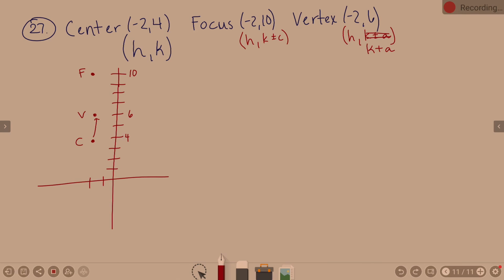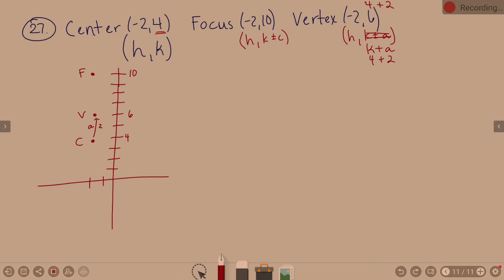How far is my center from my vertex here? That is a distance of 2, right? It's the distance from the center to the vertex, and so that is an a value. Because this 6 right here is basically this 4 plus 2, that's my k plus a. And so that's how I know a is 2.